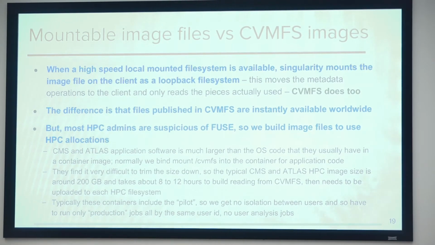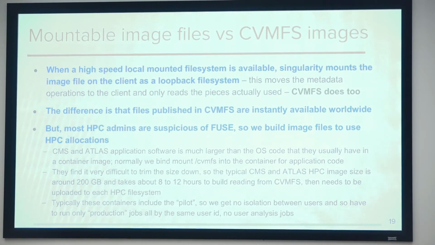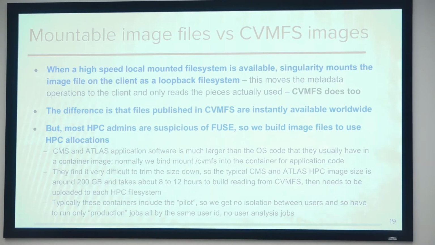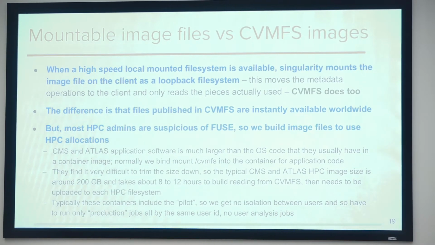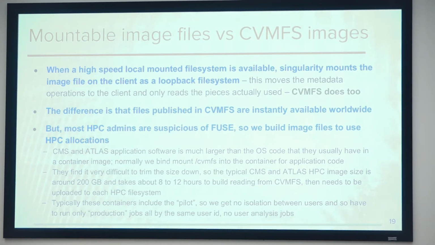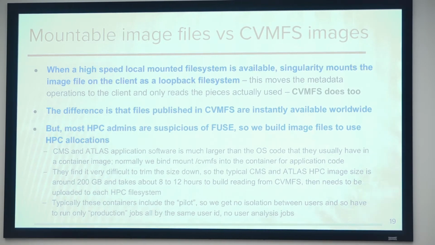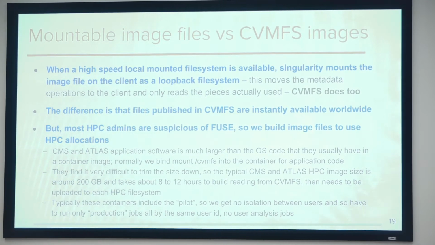This is really, I think, probably one of the big sales to the HPC admins, right? Because they don't kill their metadata servers with all these files. And another huge advantage is it only reads the pieces that are actually used out of the file system. So you may have a very big image file, but it only reads small pieces of it out of the file system, so the bandwidth is down.